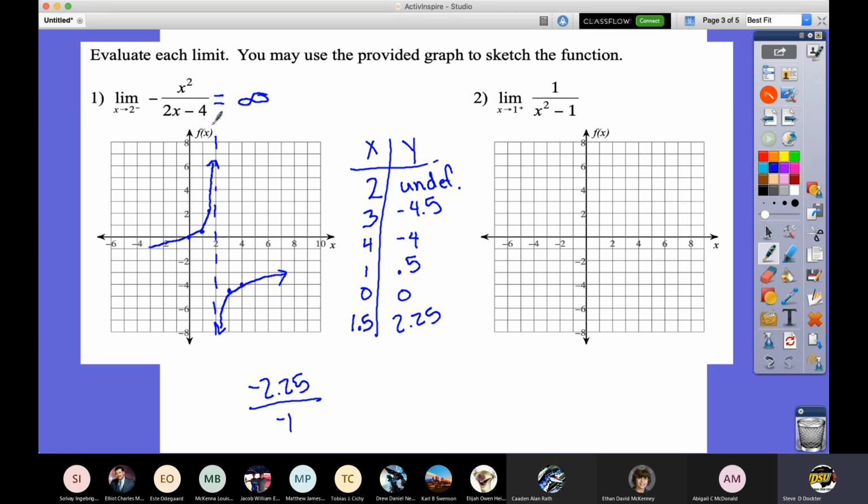Any questions with what I was talking about there? It's more of a concept than a factual rule that we're going to follow here. Now, do we have to graph out every single one of these?